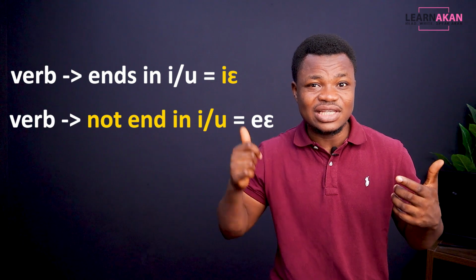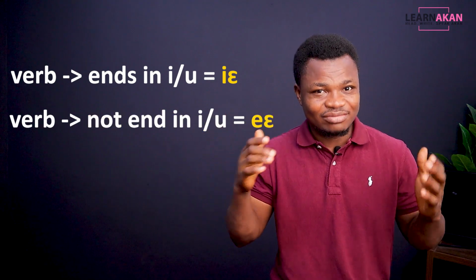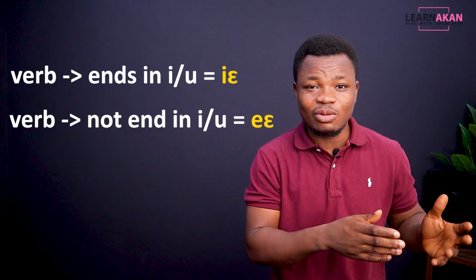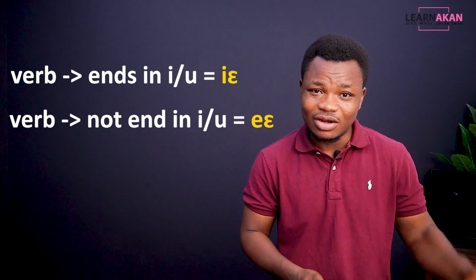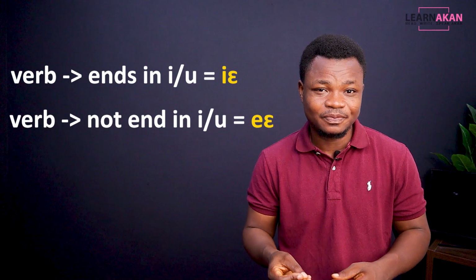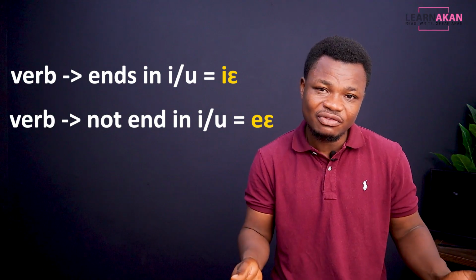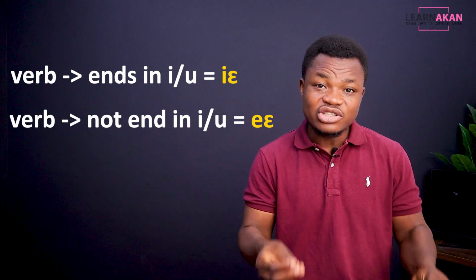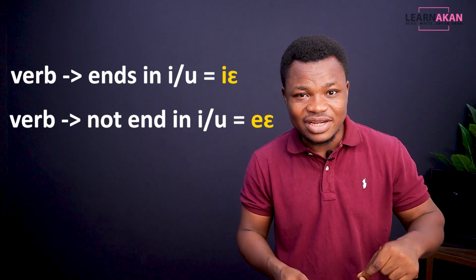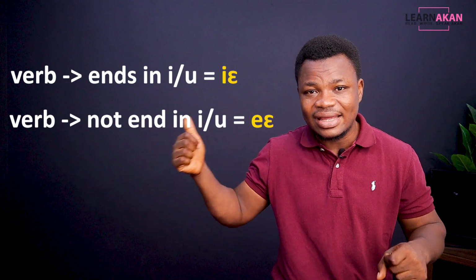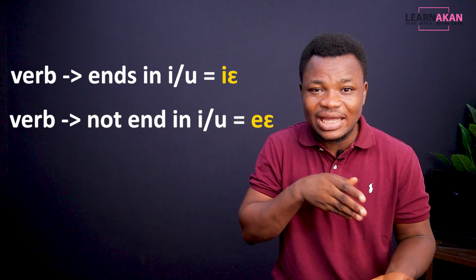Otherwise, we choose the suffix a to form the past tense of that verb if it's not being followed by an object or an adverbial, right? So this brief recap presupposes that the verb has to end in a vowel first for us to choose either the a or the e to form its past tense.